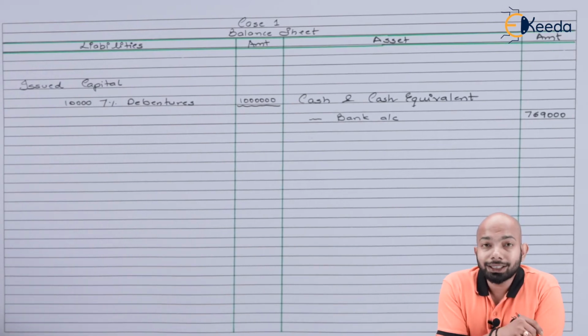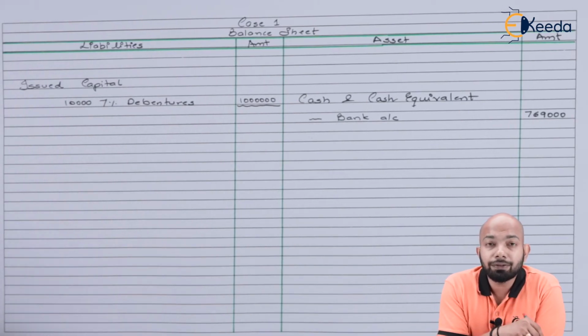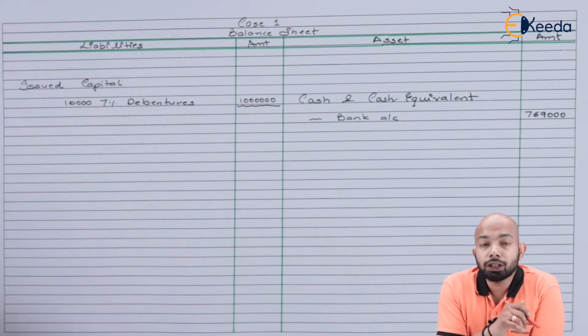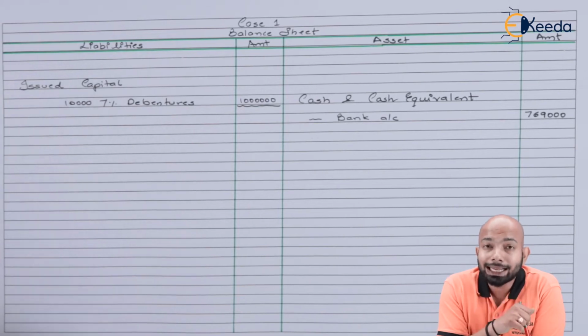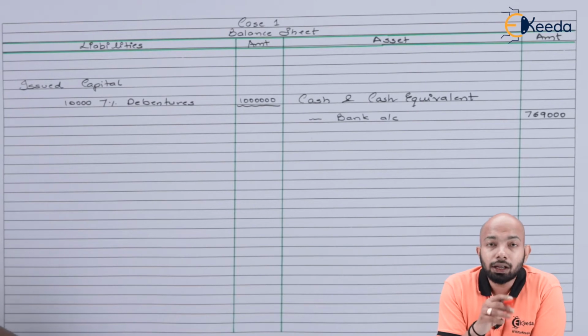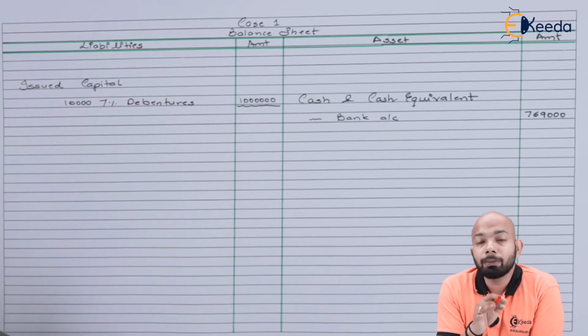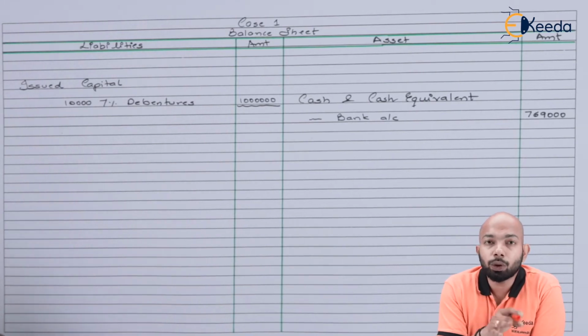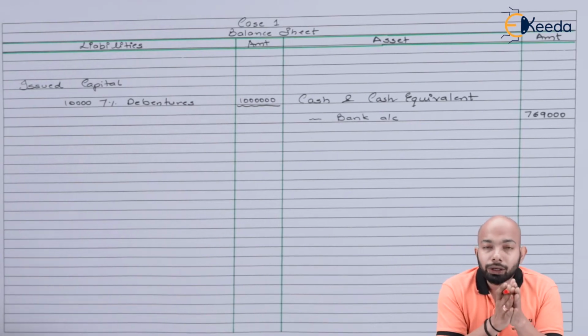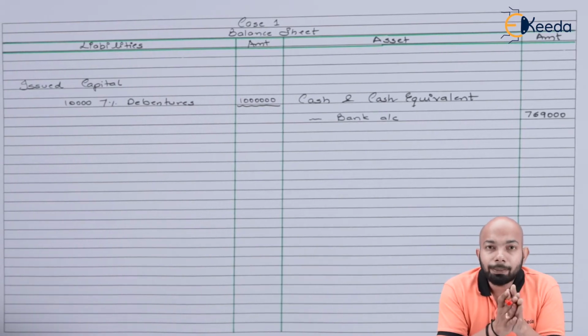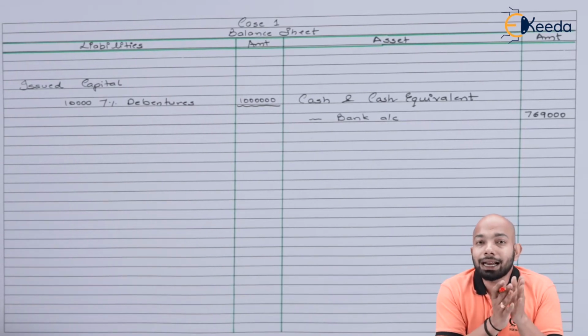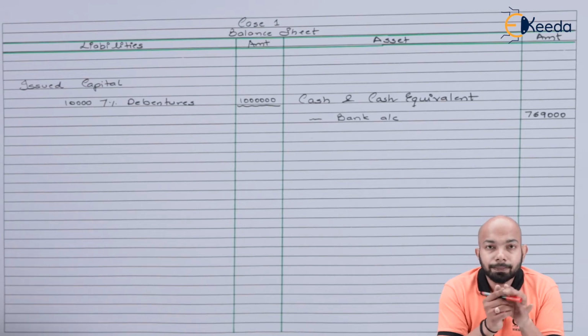While mentioning the details on this liability side, I've mentioned the issued capital, but you're not supposed to take that total here. The reason being, the issued capital may be mentioned, but we only have to take the subscribed capital here because there is under subscription in this case.